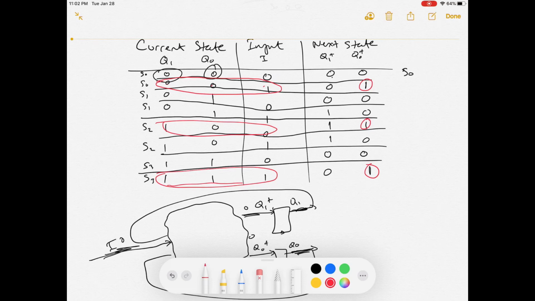So what does this mean in terms of a logic circuit? Q0 plus would be equal to, we'll take the first one, we need Q1 to not exist, so that would be Q1 not, basically Q1 to be 0. We want Q0 to be also 0, so that would be Q0 not, and we want the input to be 1, so that would be the input.